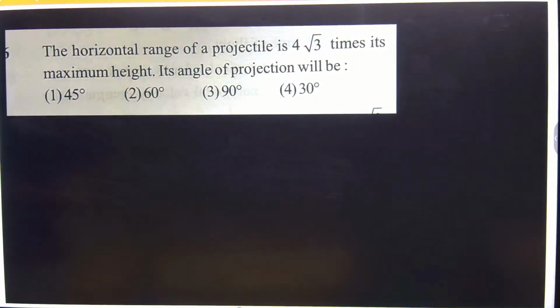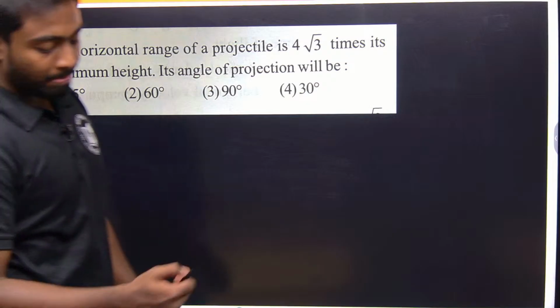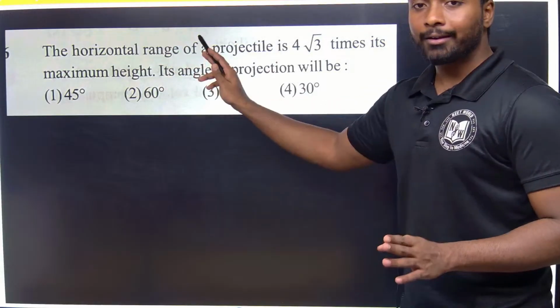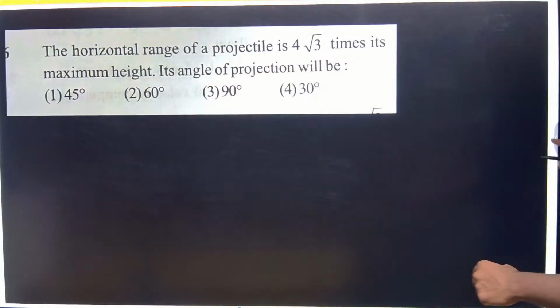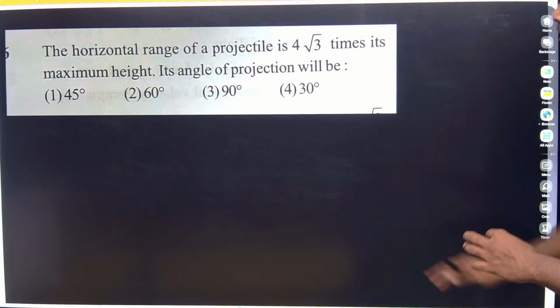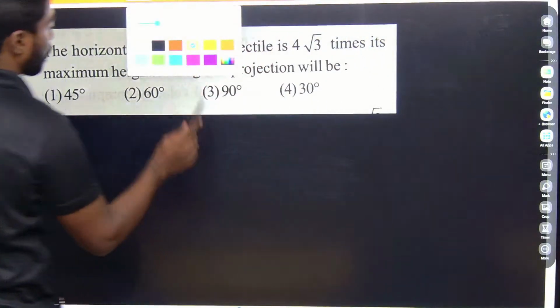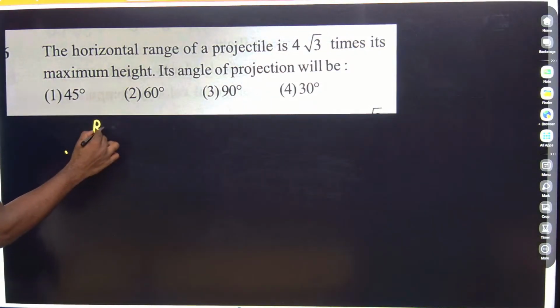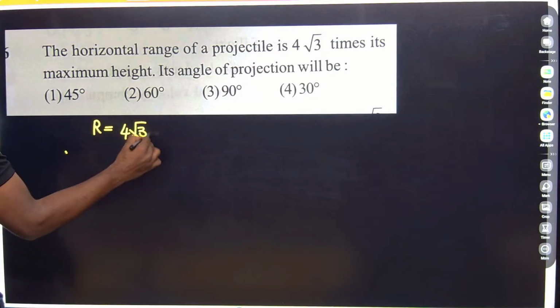The horizontal range of a projectile is 4√3 times its maximum height. Its angle of projection will be? Can you give the answer for this question? What they have said is, horizontal range should be equal to 4√3 times its maximum height. I will write the formula and the equation and find the angle of projection. So range is equal to 4√3 times its height.